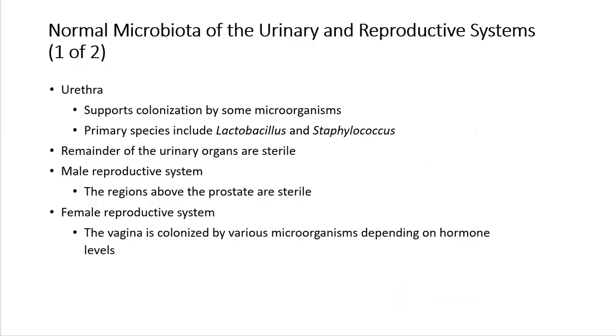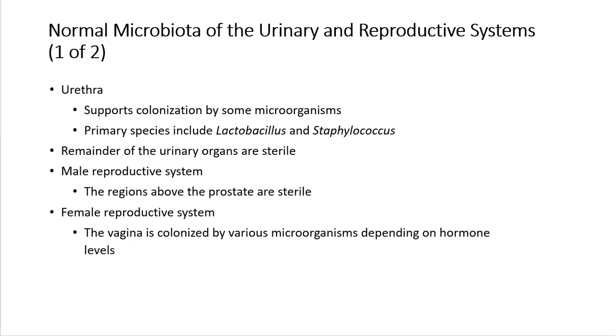The urethra itself has several organisms in there: Lactobacillus, Staphylococcus. Basically, it's at the opening. For the males, the region above the prostate should be sterile.